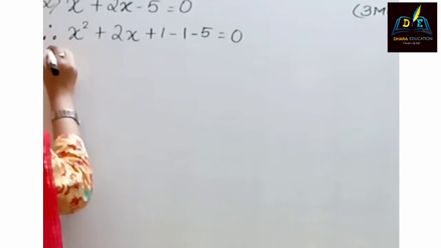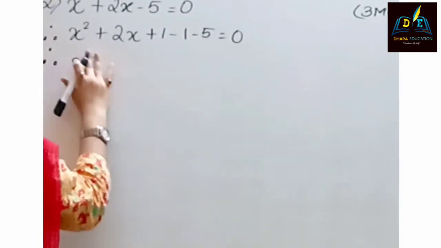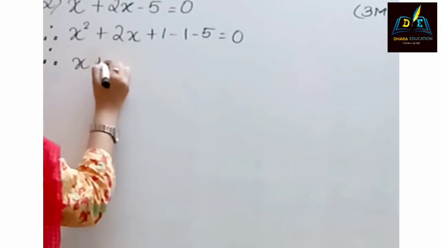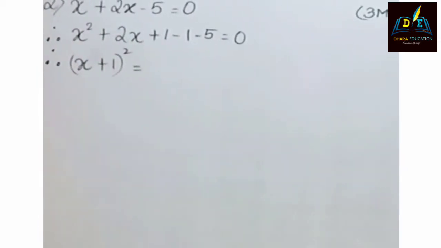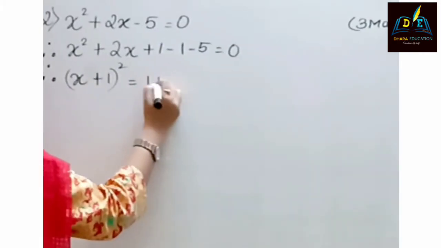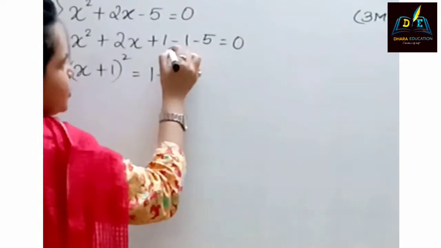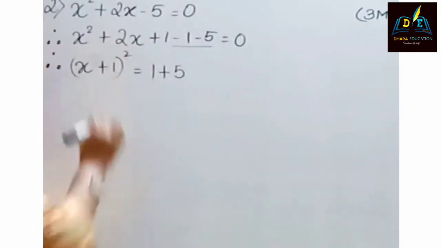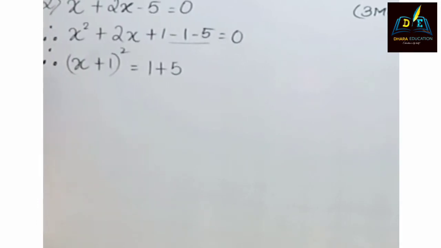So therefore x plus 1 the whole square is equal to 1 plus 5, by sending this over to the right hand side. Am I clear on this point?